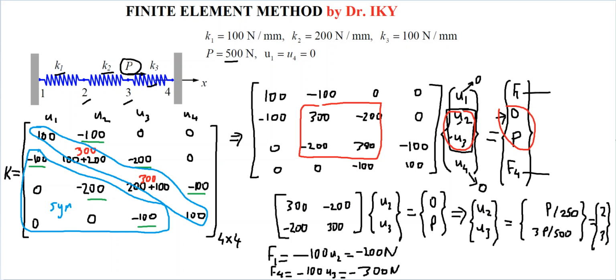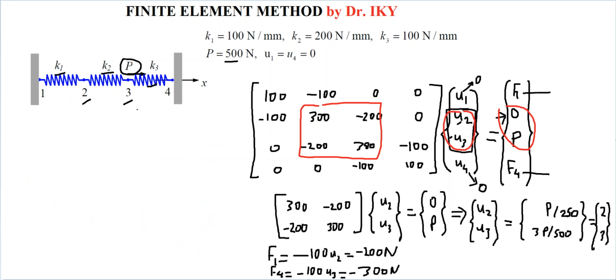And for the finite element equation of the second element, let me write it here. Think about it, you have got a stiffness value of 200. So I am able to write, I'm just writing for that element.